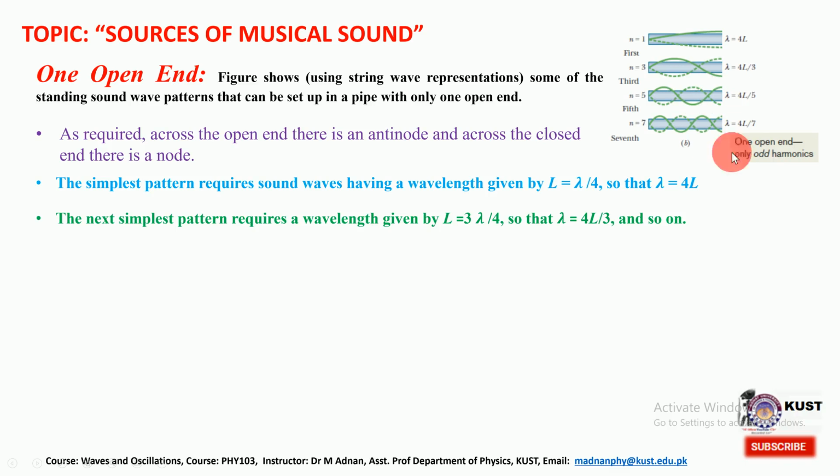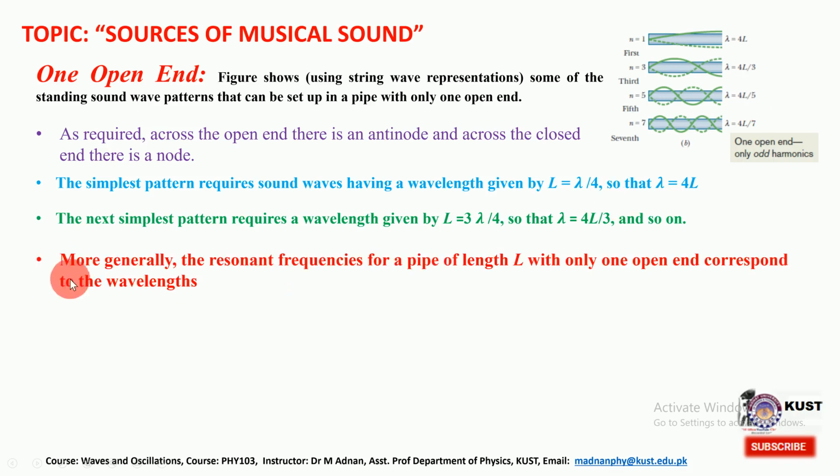So for this we have 5 times lambda by 4, and hence lambda comes out to be 4L over 5. So more generally, the resonant frequencies for the pipe of length L with only one open end. Remember, for the two open ends and for the one open end, the lambdas and the frequencies are different.